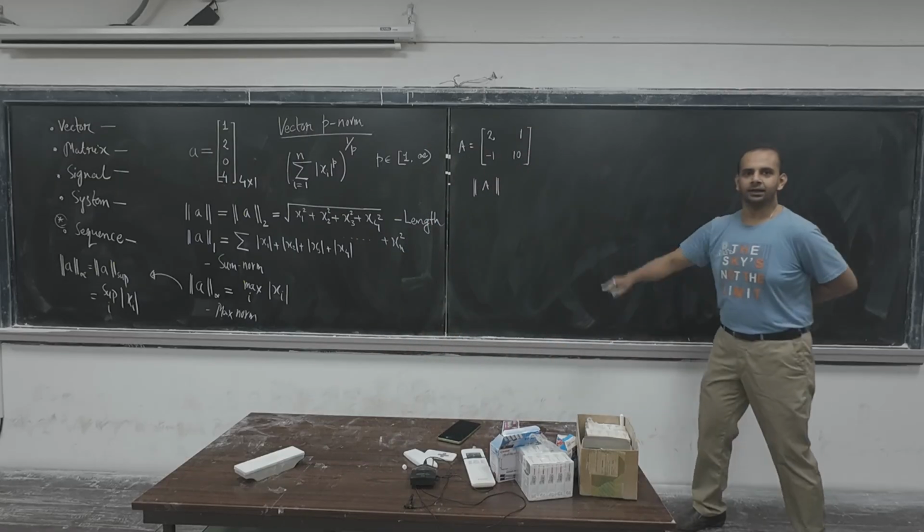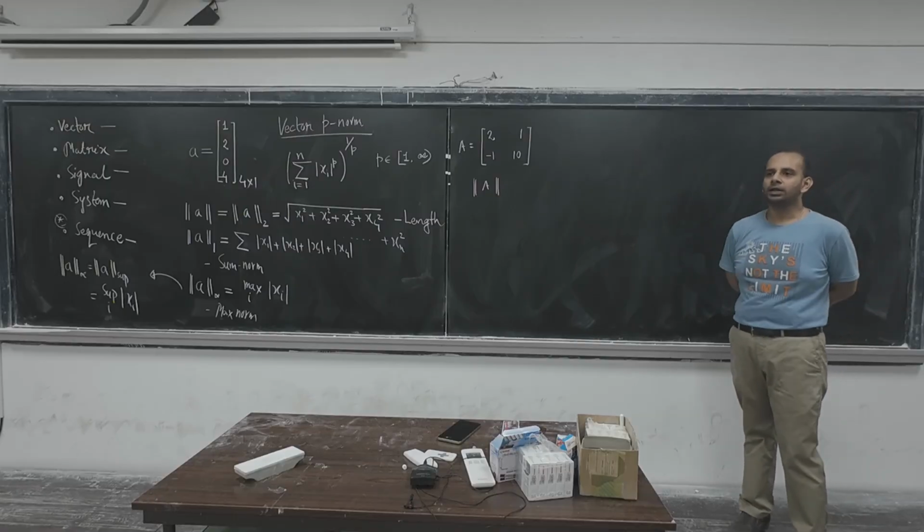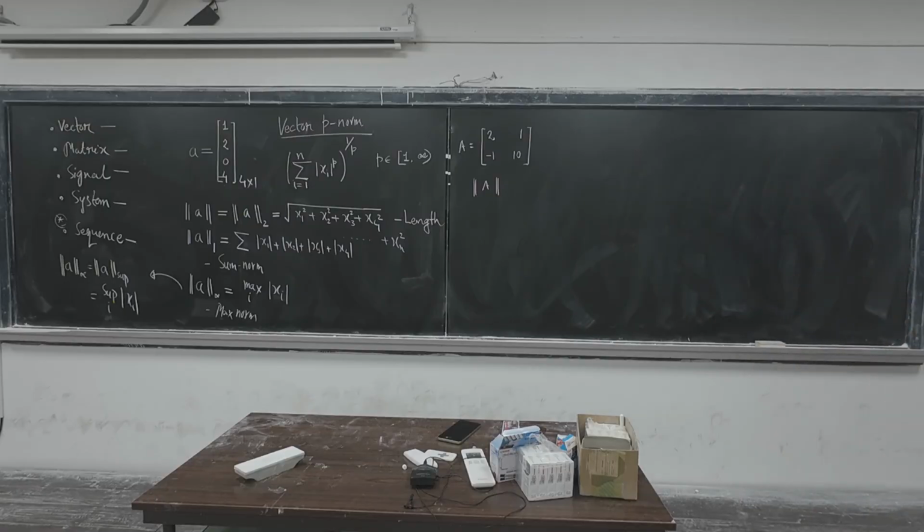Now for the matrix, what are the usual norms? One by one, tell me. Frobenius will come later. First let us start here. One norm means it will be the summation norm, right? So in case of a matrix, what is the summation norm? The summation of the absolute values of all the elements, right?